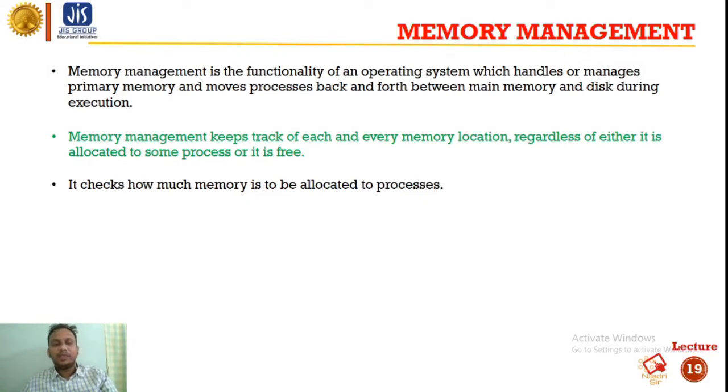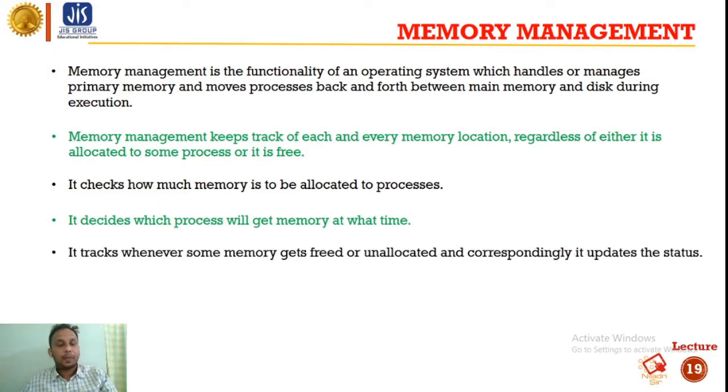It checks how much memory is to be allocated to processes. It decides which process will get memory at what time. It tracks whenever some memory gets freed or unallocated and correspondingly it updates the status.